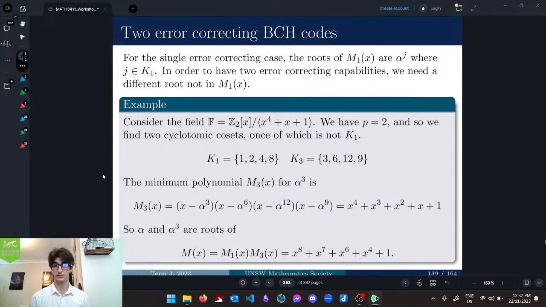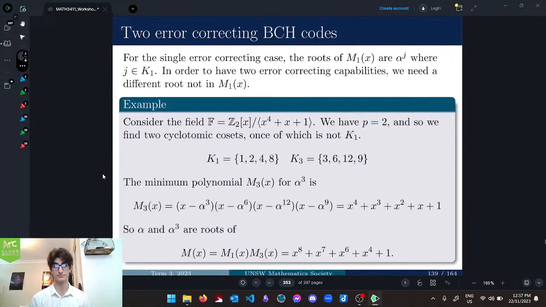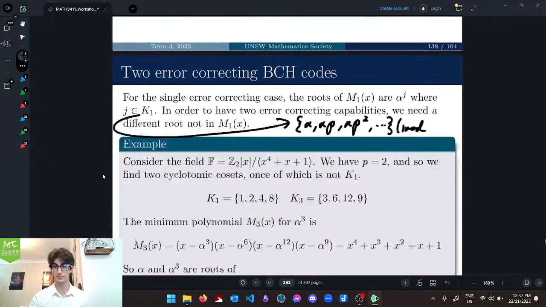So for the single error correcting case, the roots of m1(x) are alpha to the j, where j is a part of that cyclotomic coset, specifically the cyclotomic coset pertaining to s equals 1. So I'll maybe write that over here. That is going to be the set alpha, alpha to the p, alpha to the p squared, dot, dot, dot, all of that, mod p to the n minus 1.